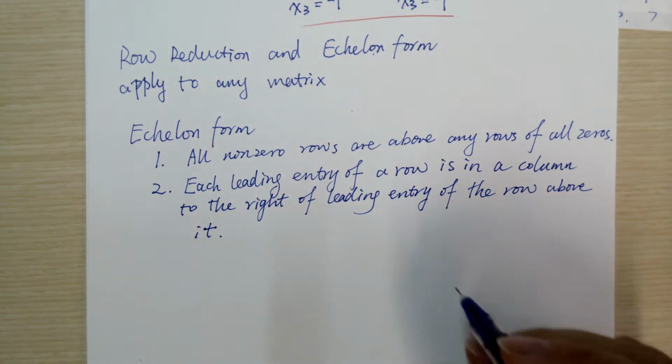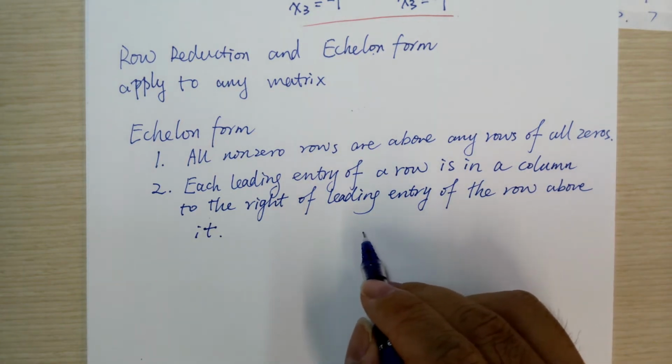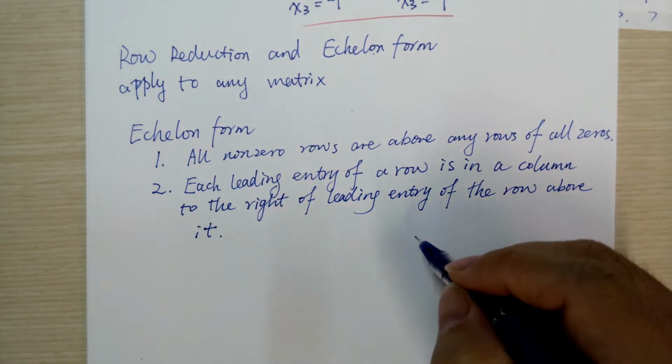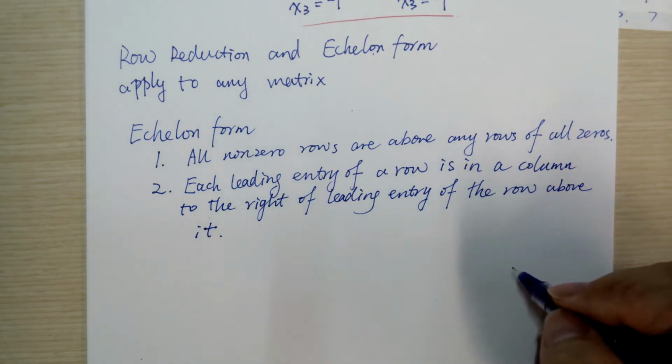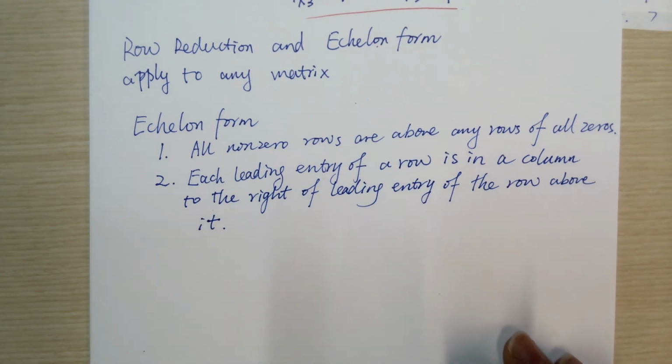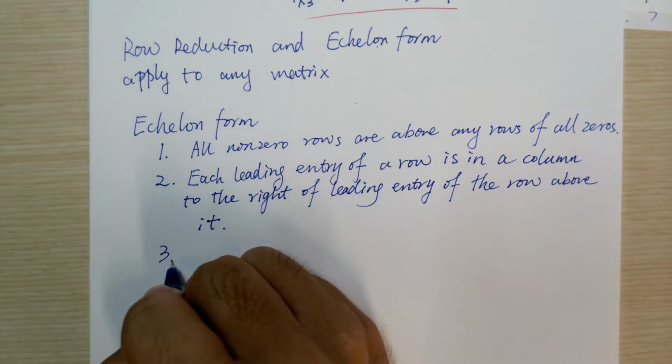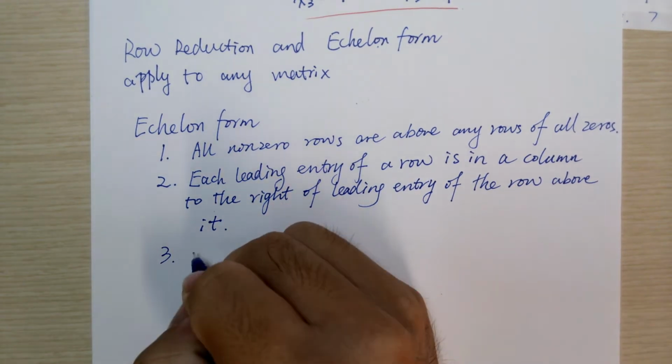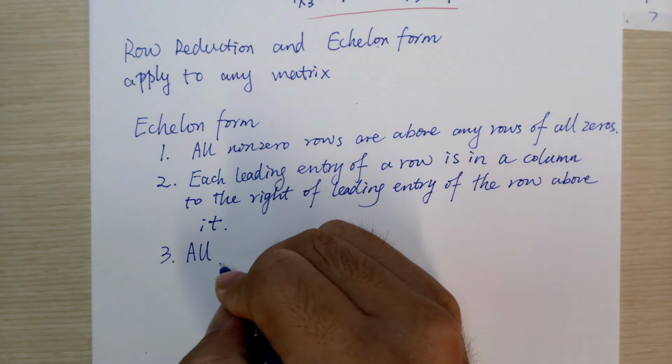So basically, you're going to have something like an upper triangular shape. Let me write those properties down first, and then I will give you some examples.